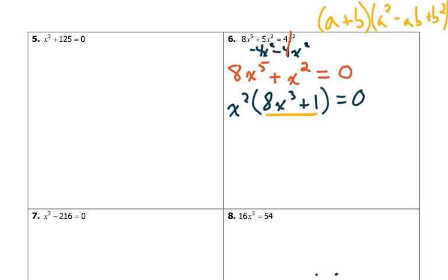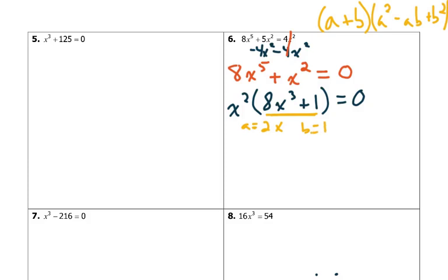So we need to find a. The cube root of 8 is 2. The cube root of x cubed is just x. So that's going to be a. And b is going to be the cube root of 1, which is 1.